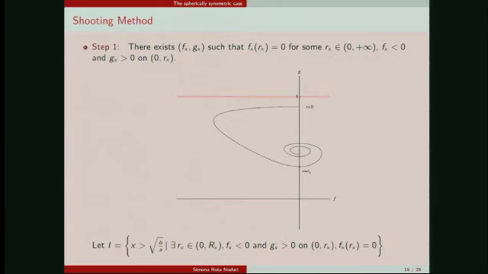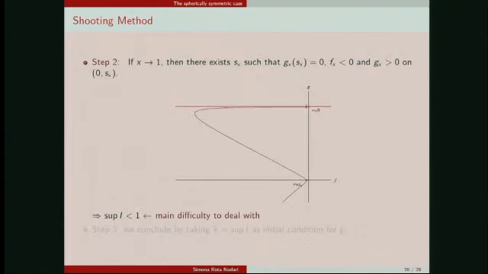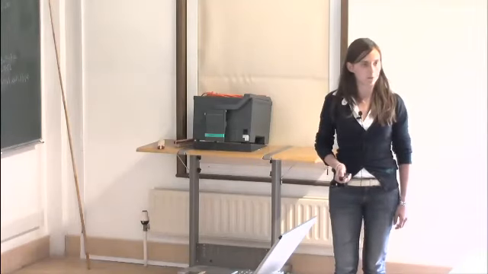Let I be the set of initial conditions for which the solution behaves in this way. Then we show that if x goes to 1, the solution stays for a long time close to g equal to 1, and then there exists a finite time Sx such that jxxx is equal to 0.